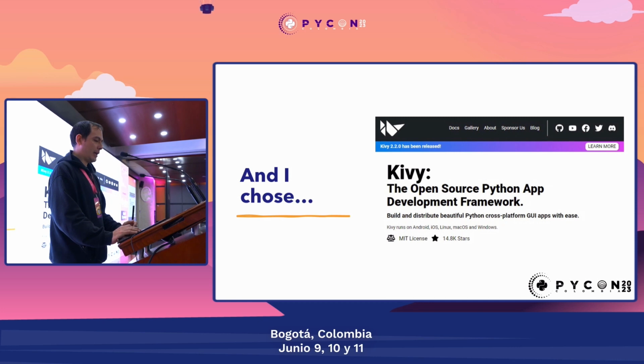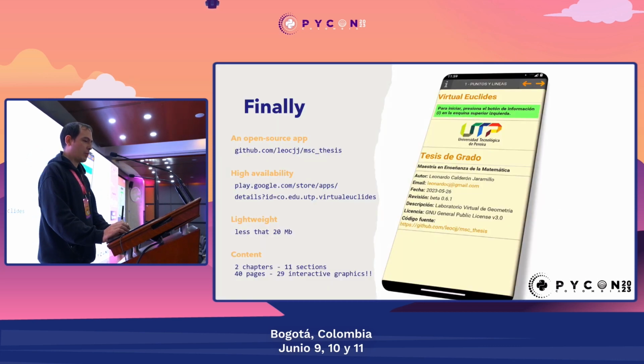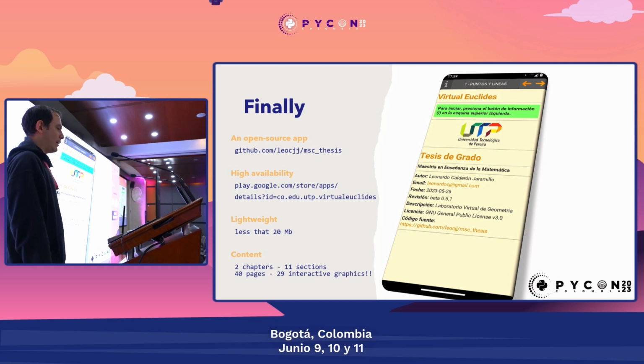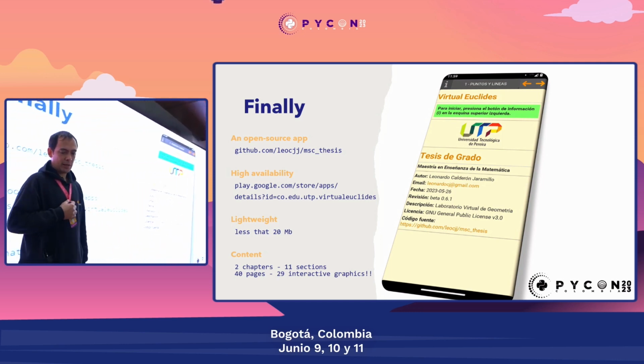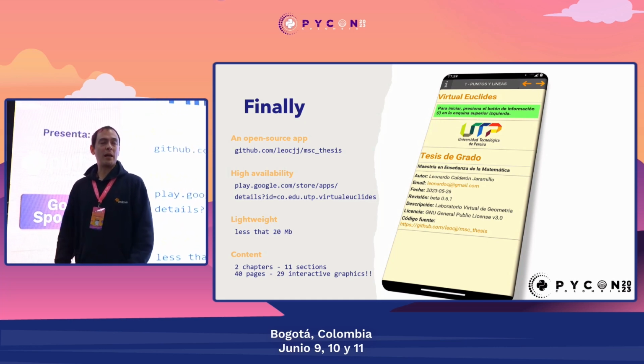In the next part of the talk, we are going to discuss Kivy and how I created this mobile application. This was the final result, a mobile app available in the Google Play Store.